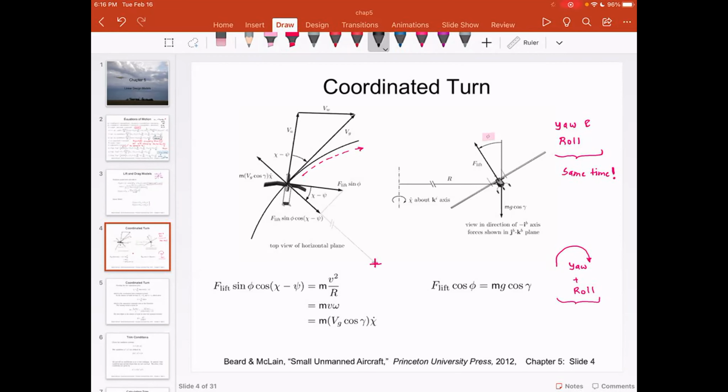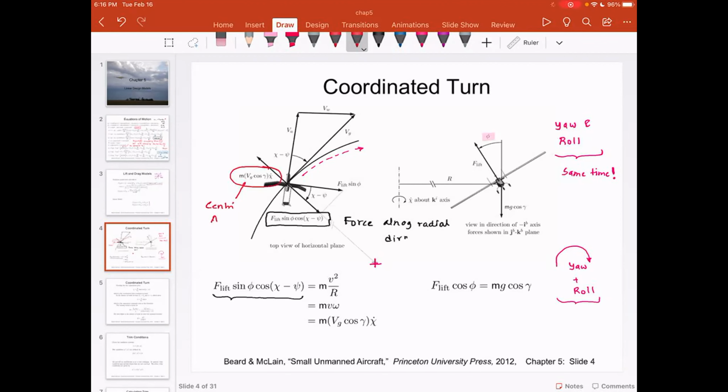You have a component of lift multiplied by the roll angle, which gives you the force along the radial direction, and that is compensating the centripetal acceleration.